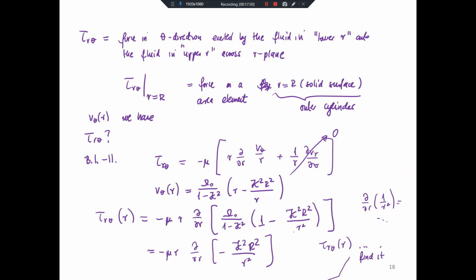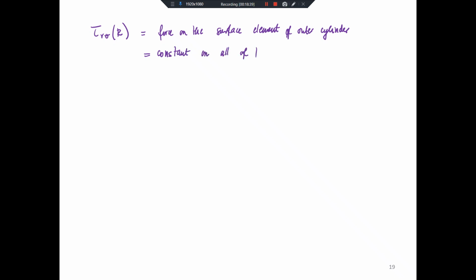And then the last piece that we need to do is evaluate this at r equal to R. So tau r theta at r equal to R is the force on the surface element of the outer cylinder, and it is constant on all of the outer cylinder.